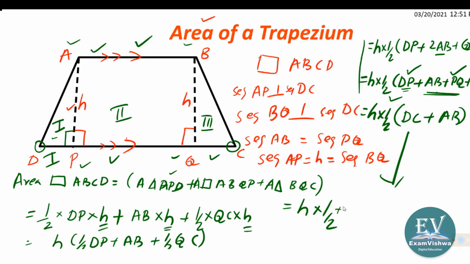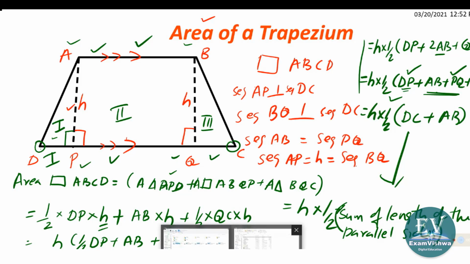One of the parallel sides, right? And what is the other one? AB, the opposite parallel side. So whenever you are calculating the area of a trapezium, it can be half into the sum of the lengths of the parallel sides, into height.